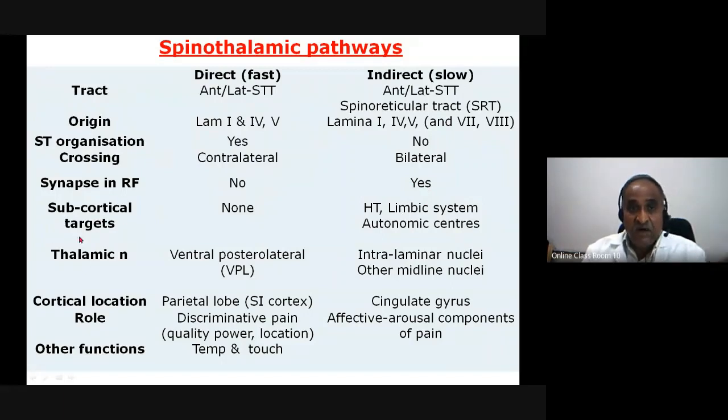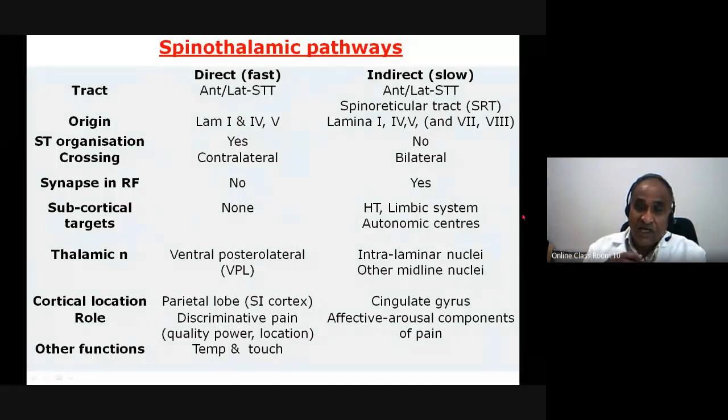Then subcortical targets, that is the subcortical areas like diencephalic areas, limbic areas and autonomic centers, and how they are connected. These indirect pathways of the spinothalamic tract connect to the hypothalamus, the limbic system, and the autonomic centers.